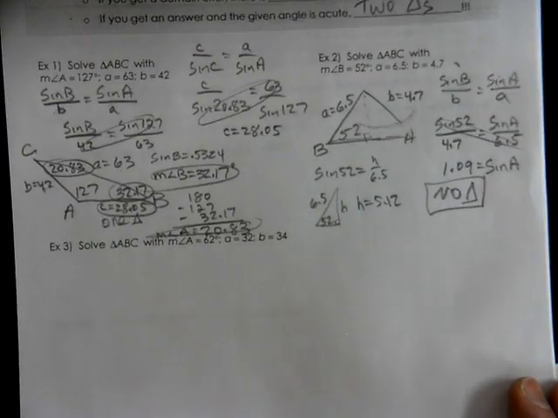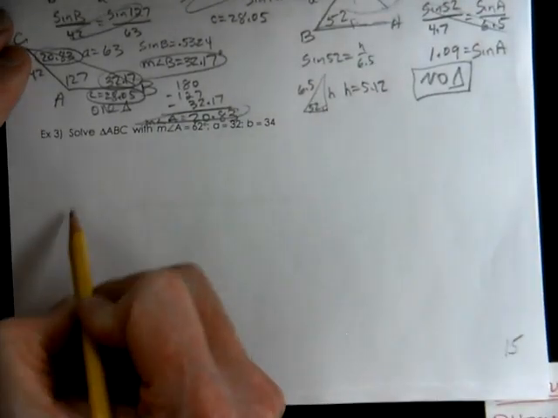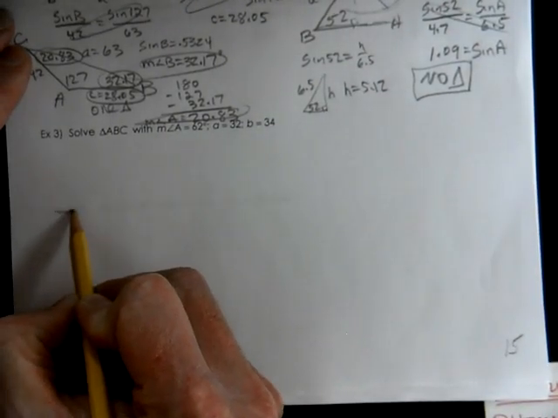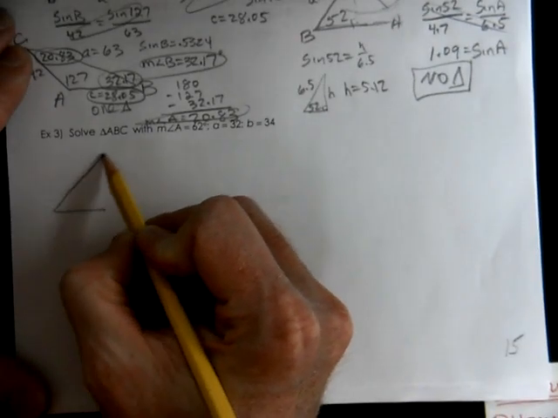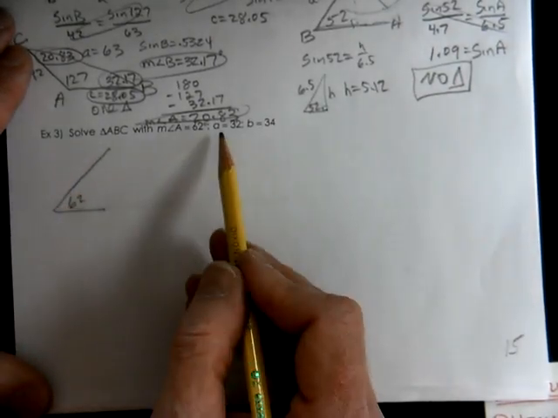All right, let's come on down here and take a look. So we have 62, something like that. Try to draw this somewhat proportionally. Maybe it'd be a little higher.